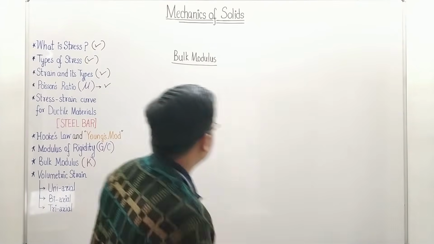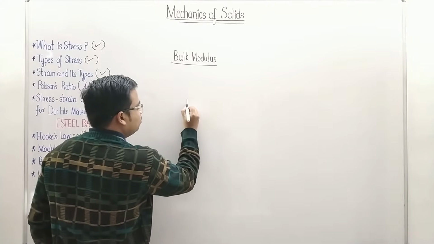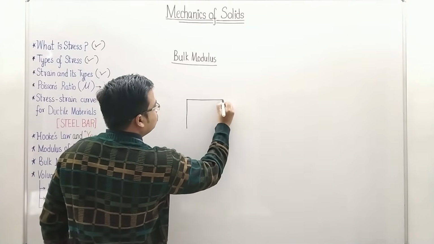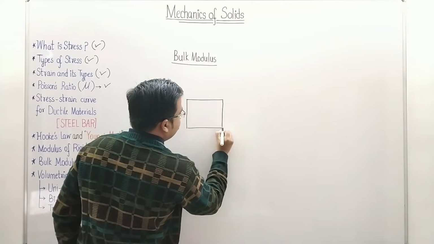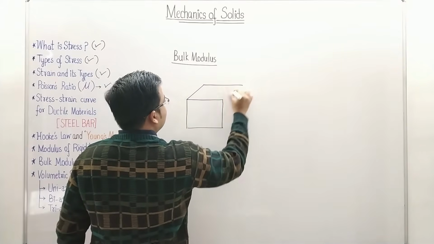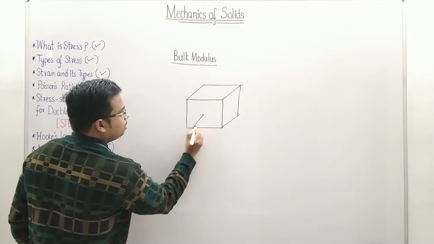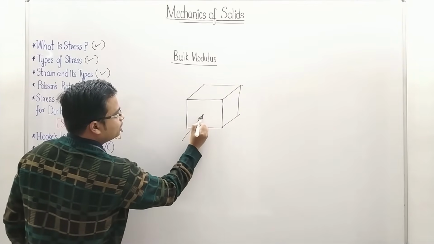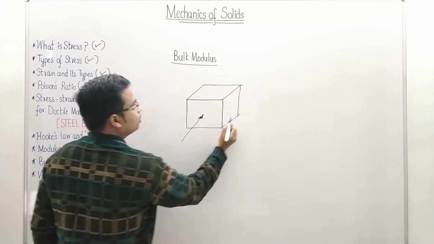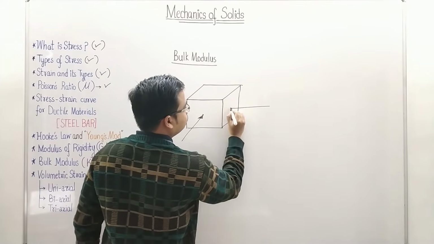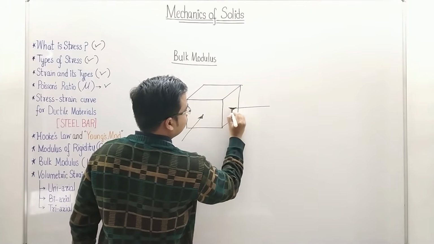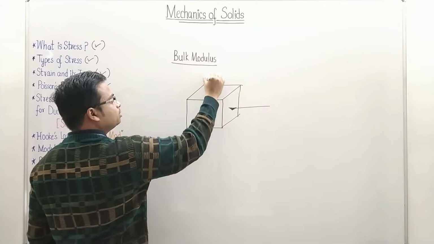Now let me just draw this properly. It would be something like this. So in the environment of solid mechanics, instead of using pressure, it would be something like this. Please watch this. There is going to be a compressive force in this direction, from this direction also, and from this direction.